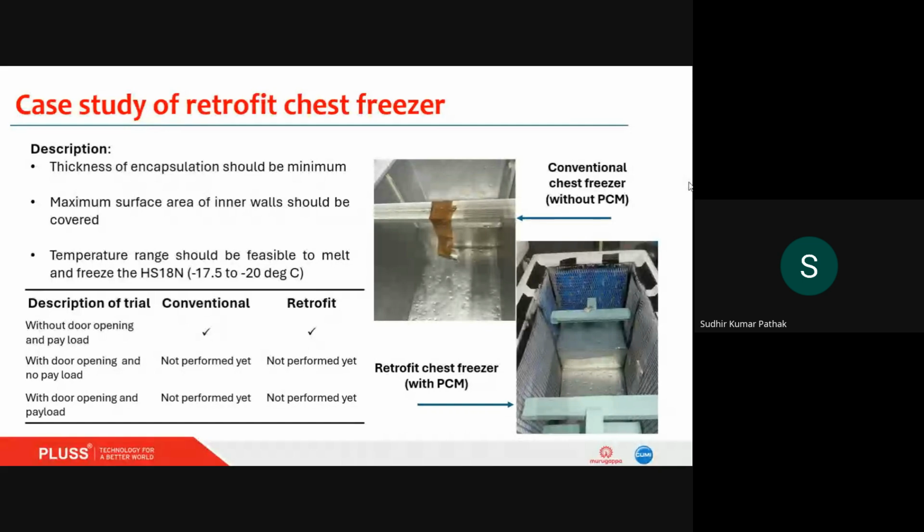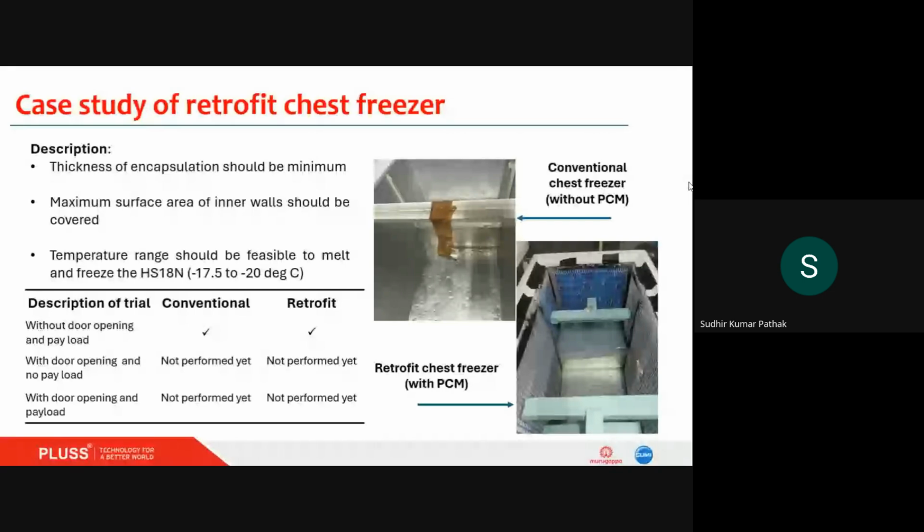I'm going to explain just the basics of this experiment. As you can see from this figure, one is conventional, where there is no PCM, and another image shows where we have integrated the phase change material in the form of pouches around the surface walls of the chest freezers.